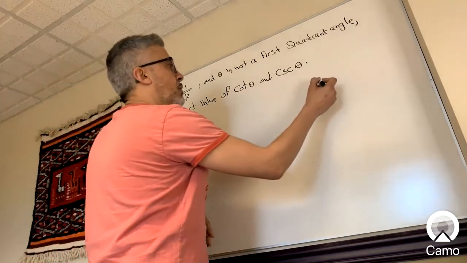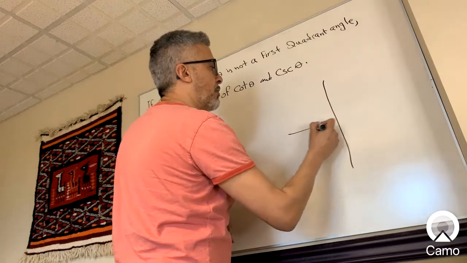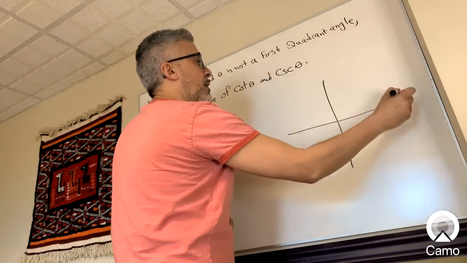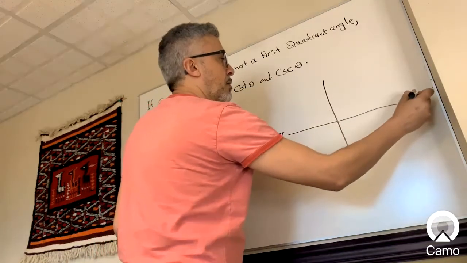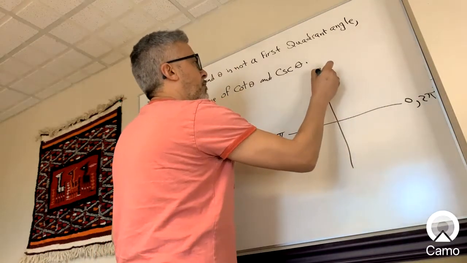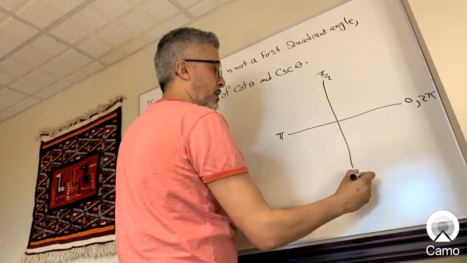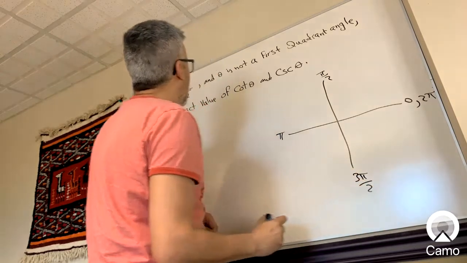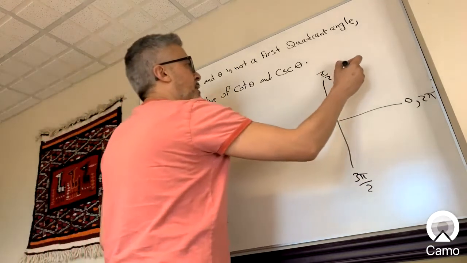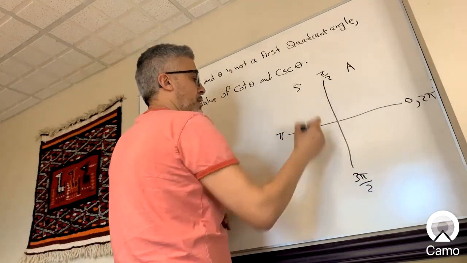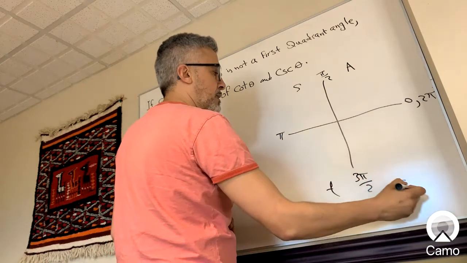So we draw our quadrants, 0, pi, 2 pi, pi over 2, 3 pi over 2. Not that really matters, but what matters here is all students take calculus.